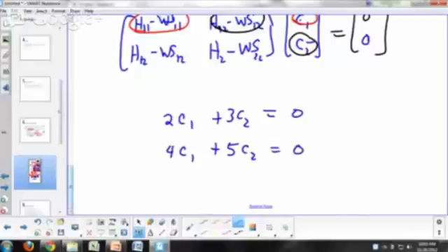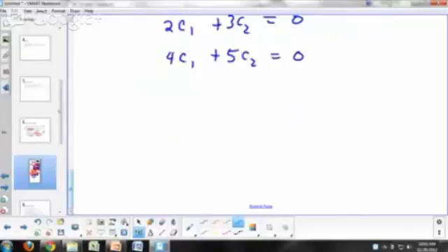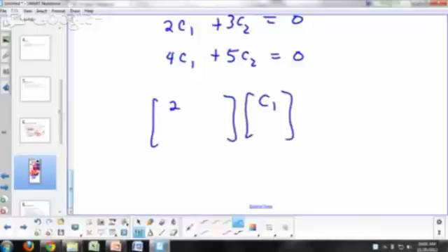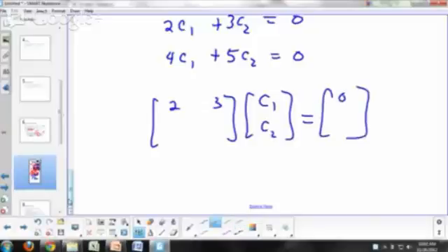How would you write this in matrix form? You would say 2 times C1 plus 3 times C2 is equal to 0, and then 4 times C1 plus 5 times C2 is equal to 0. That's your matrix form of your equation.